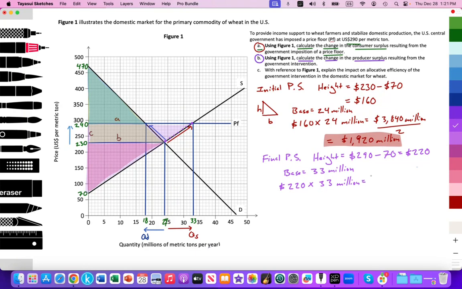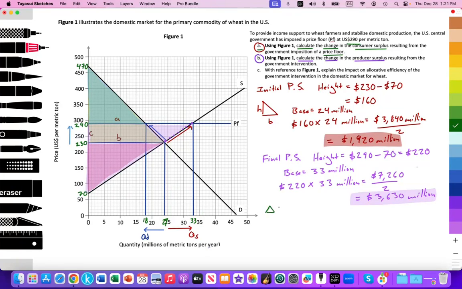And that's going to equal 7,260 divided by 2 because it's a triangle. And so that's going to equal 3,630 million. Okay, so I'm going to now mark that area. And I'm going to subtract the 2. So now I can get to my final answer.